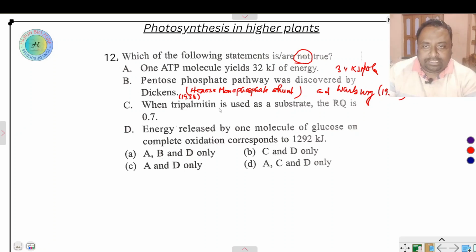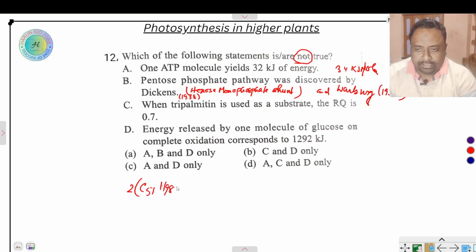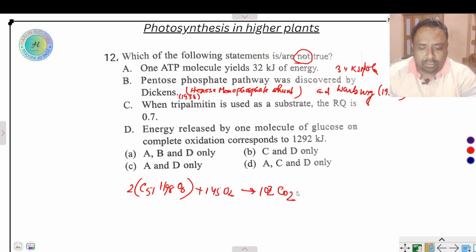When tripalmitin is used as a substrate, the RQ is 0.7. So, let me explain. 2 C51 H98 O6 plus 145 O2, then 102 CO2 plus 98 H2O plus energy.